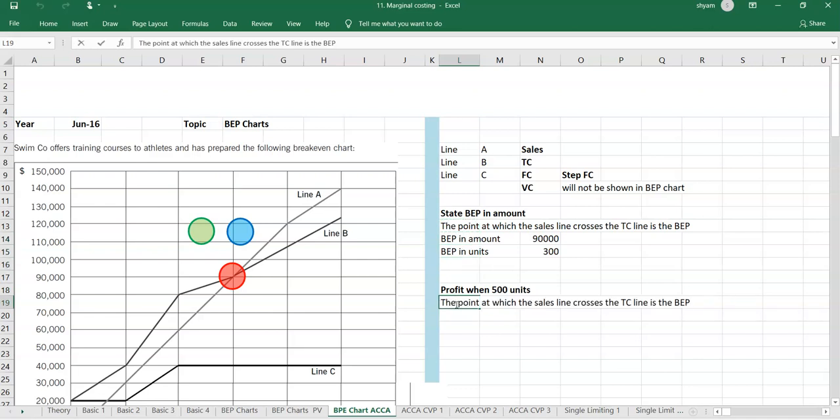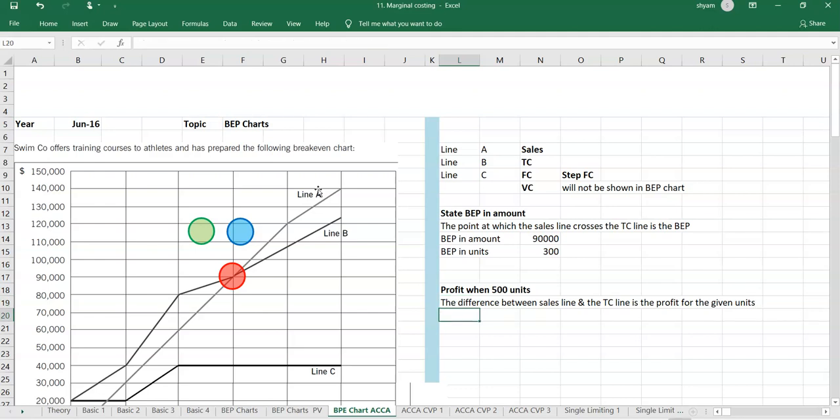See, the difference between the sales line and the total cost line is the profit for the given units.